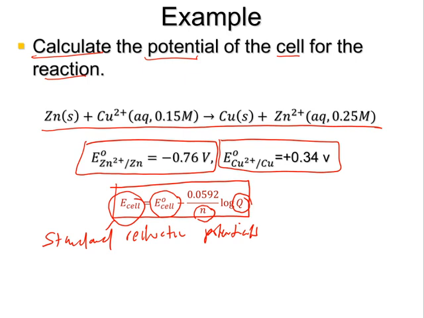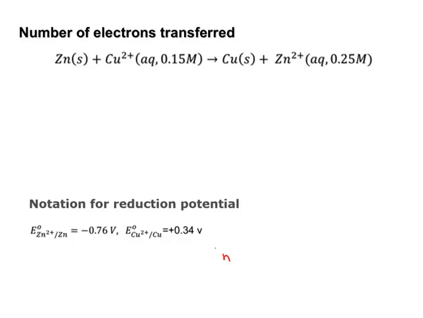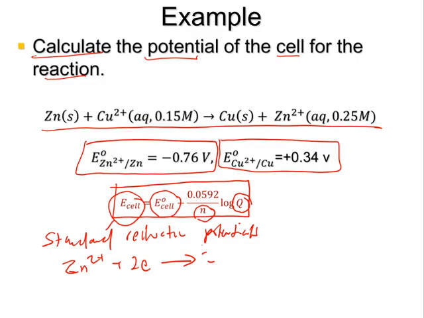Now, we say that most of the reactions in a cell are normally given as reduction reactions. So, for example, if you have zinc 2 plus plus 2 electrons giving you zinc solid, then you have copper 2 plus plus 2 electrons giving you copper solid.